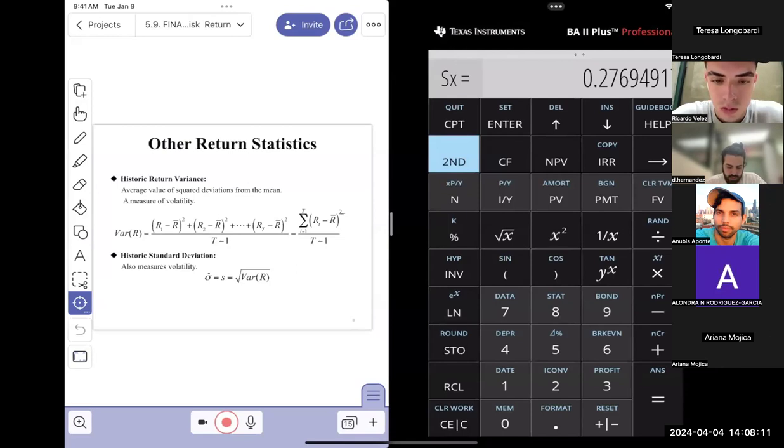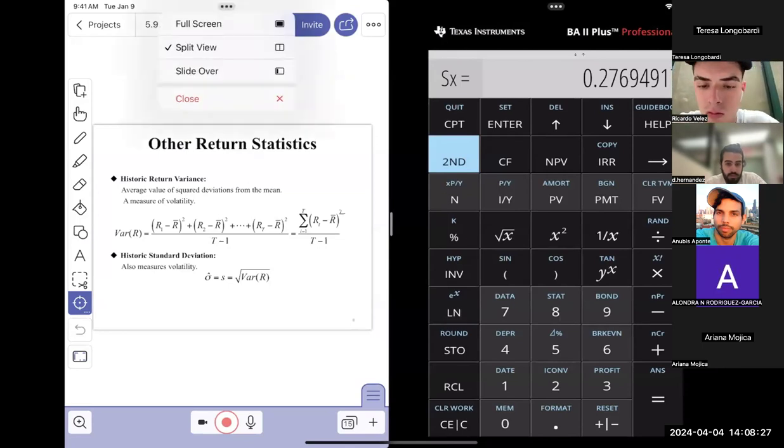What does the calculator say? 27.69. You think that's high? Is that a large variance?